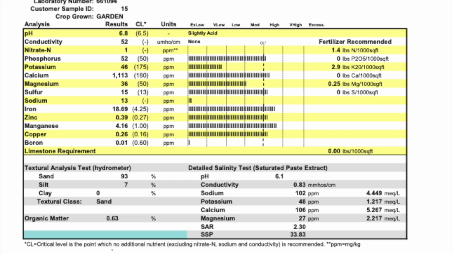Now, when you look at your minerals, sand, silt, and clay, it should be basically one third of each one. So that's what we call a loamy type soil, a loam soil.